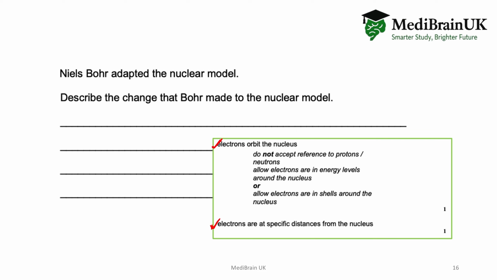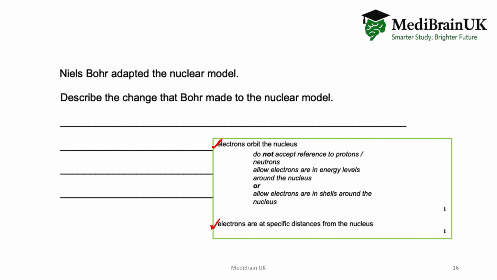In the nuclear model, we just knew that the mass was concentrated in the center, that was the nucleus, and the electrons were scattered around the nucleus. But when Niels Bohr came in, he said that the electrons orbit the nucleus at specific distances. Okay, those are the 2 alterations he made to the nuclear model.